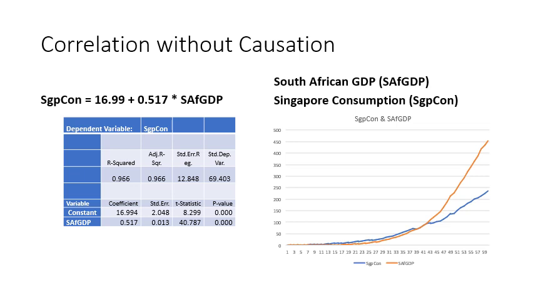And so we might be able to conclude from this that if South African GDP rises by 100 rands, then the Singaporean consumption will go up by $51.7. So actually South African GDP is even a stronger determinant than Singaporean GDP, which doesn't make any sense.